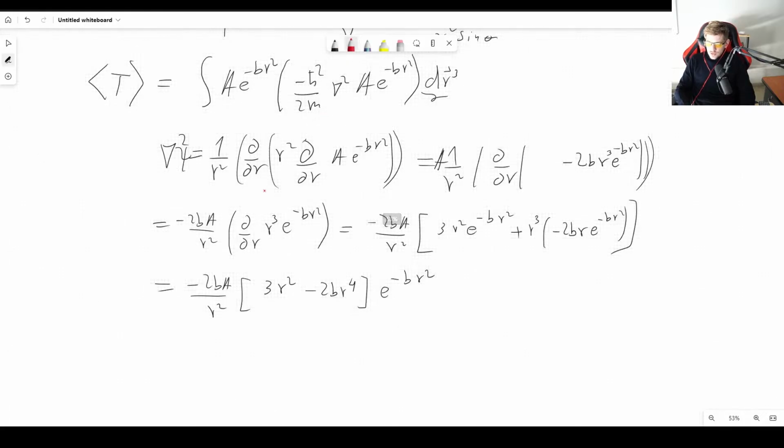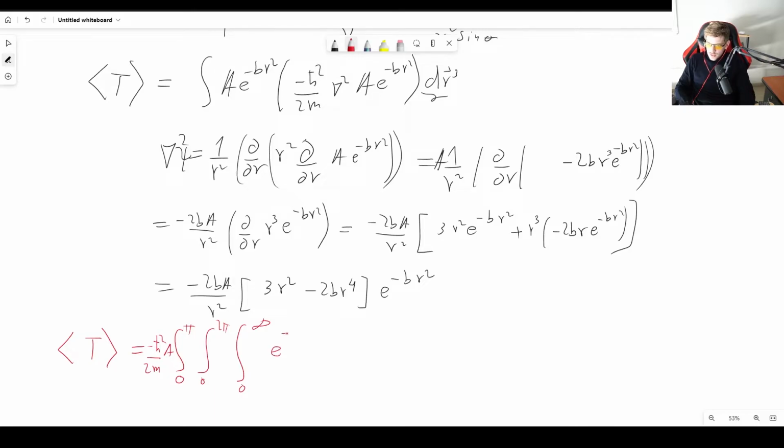Okay, so let's put this into our equation for the expectation value of T, which will now be the integral from 0 to pi, integral from 0 to 2 pi, integral from 0 to infinity of, and now let's pull all of our constants outside, at least minus h bar squared over 2m and a.